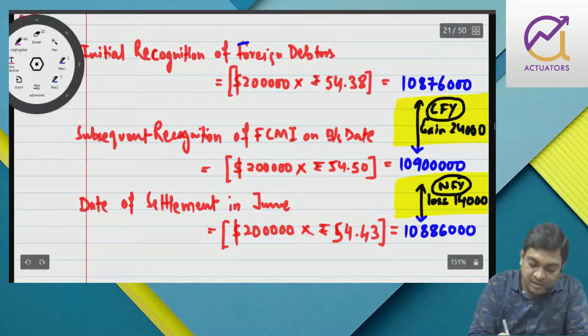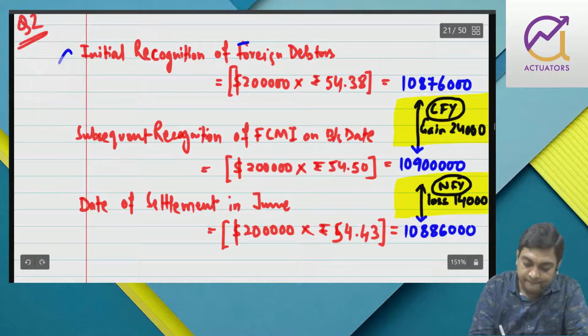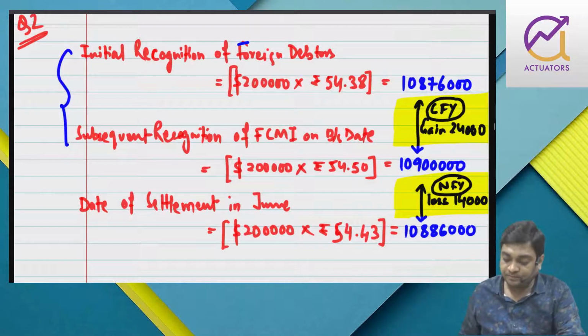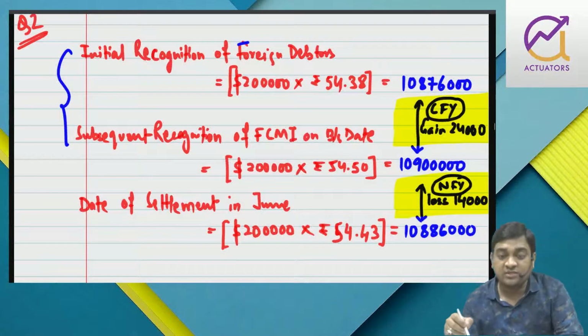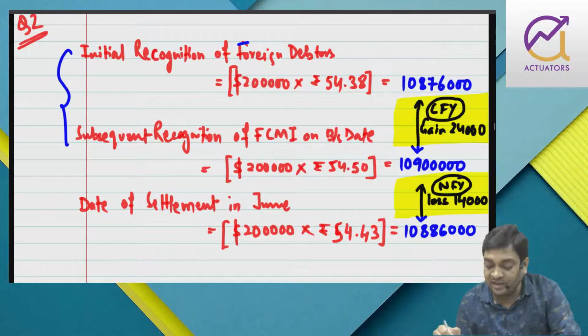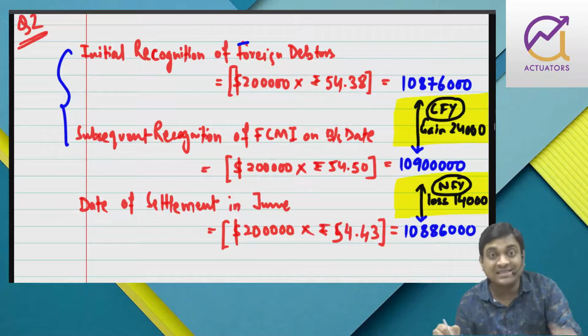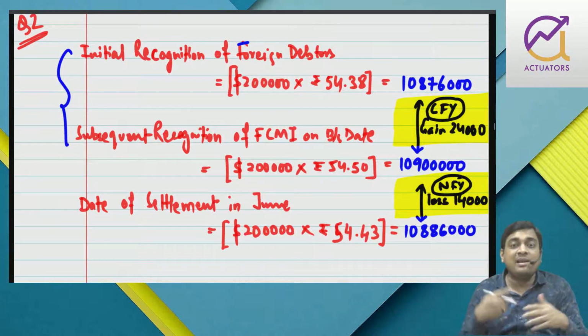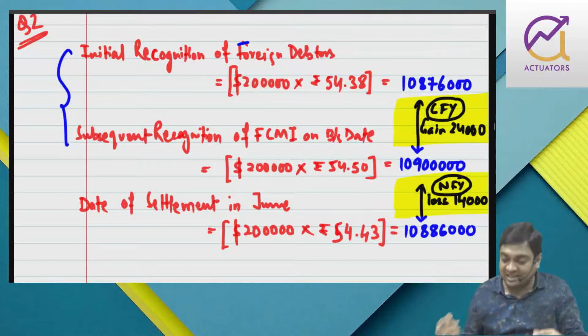So it's very simple. Here we have gain. Initial recognition of this foreign debtor was done at 54.38. Subsequently recognized at 54.5. It's receivable. Receivable is increasing. If it is receivable, I'm happy if dollar is rising.